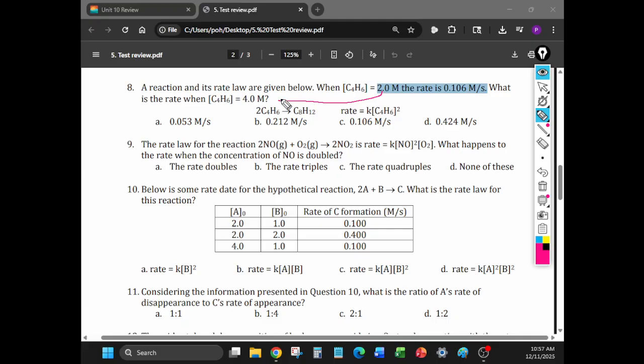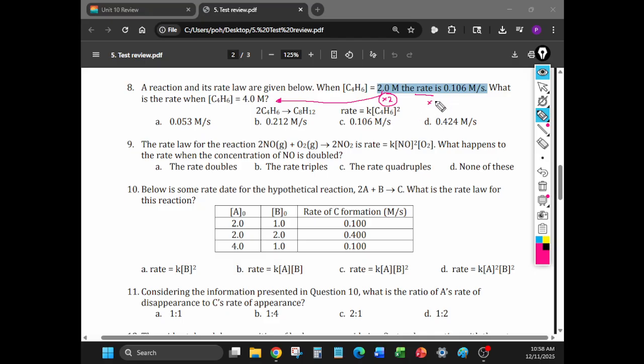So if you take a look at the molarity, how did the concentration change? Did nobody do this? It doubled. Okay, this doubled. So the concentration doubled, and we're looking at how the rate changes. If this is second order, what happens to the rate when you double the concentration?